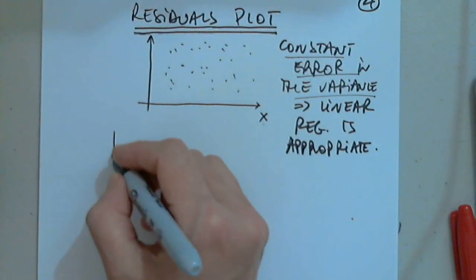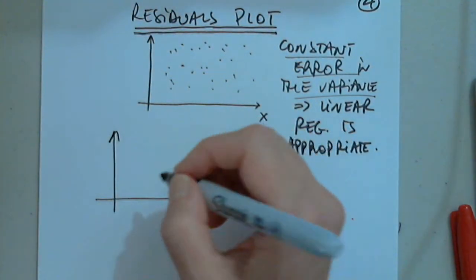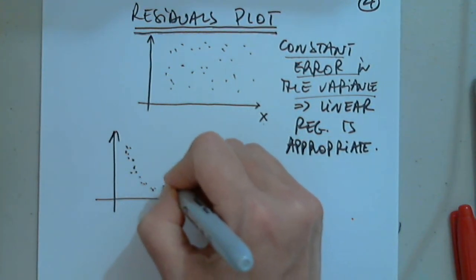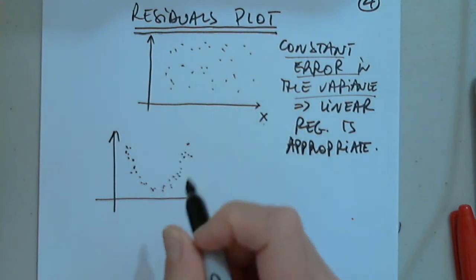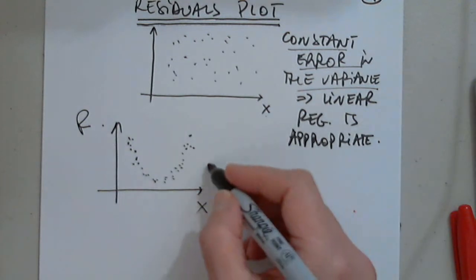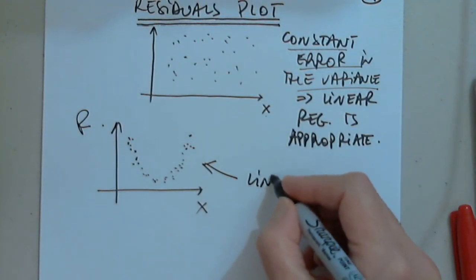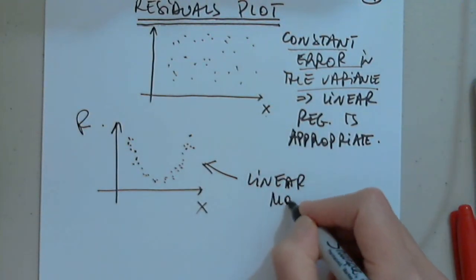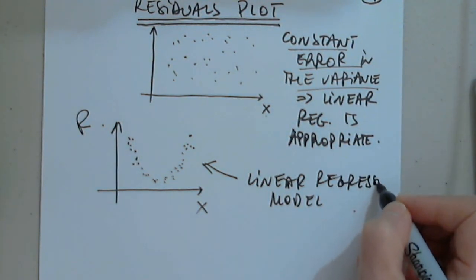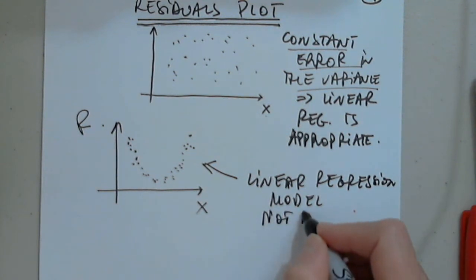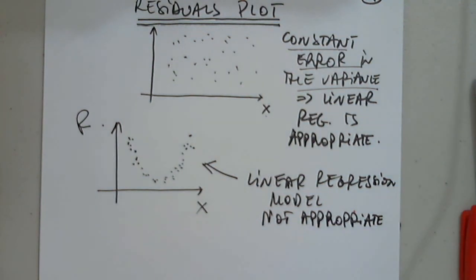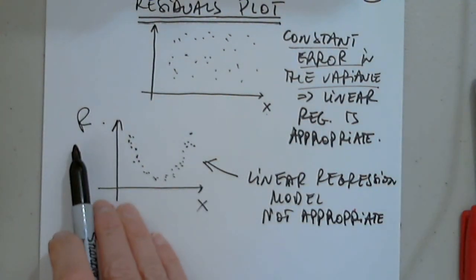But what if I plot the residual plot and I get something like this? So these are the residuals versus the explanatory variable. Linear regression model is not appropriate, because there is a pattern in the residuals.